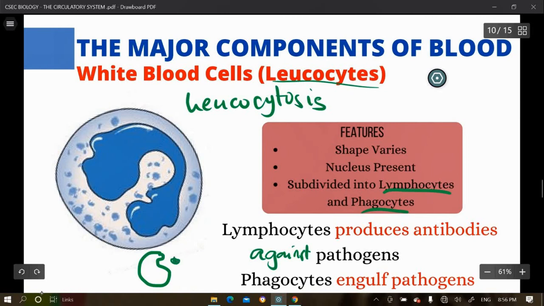Let's say this dot here is the pathogen. The phagocyte will surround it, and then you'll have one phagocyte with the pathogen in it. So basically, the phagocyte eats or ingests the pathogens.